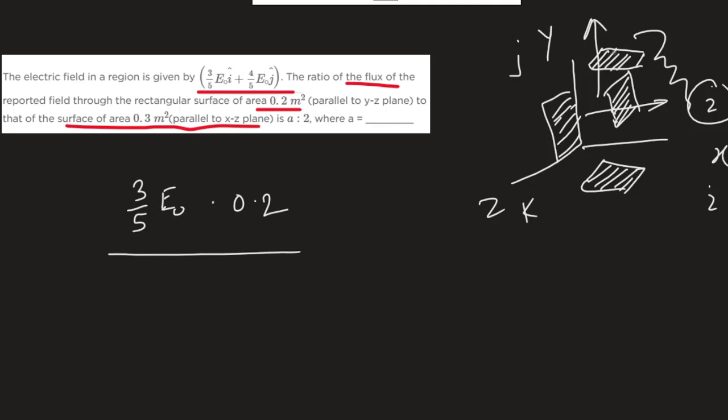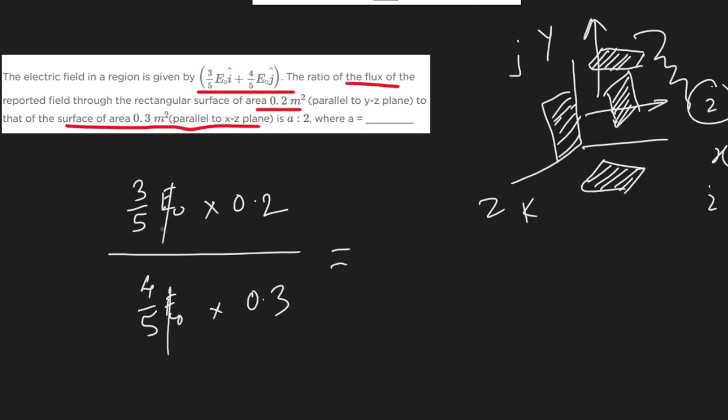So we have to multiply this area with the y-axis component of the vector. So the y-axis component is 4 by 5 ε0, into 0.3. That's it. If you solve this, you will get the ratio, and then that way you can find the value of A. So let us solve this.